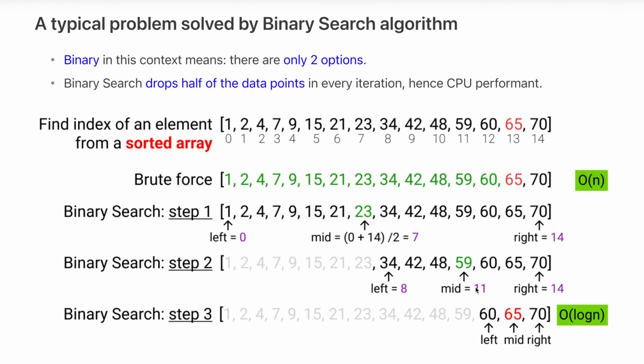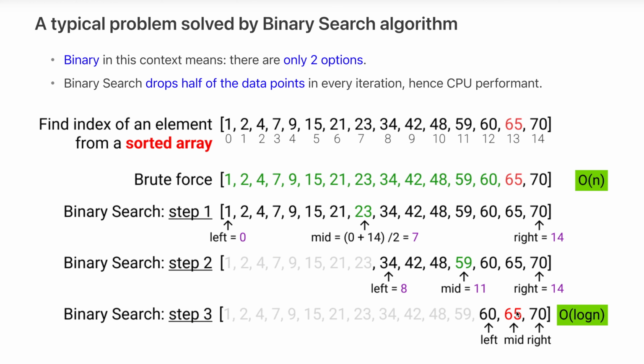And then we're gonna recalculate the middle index, which is the average of the new leftmost and rightmost, and that's gonna be 11. And the element at 11 is 59. 59 is still smaller than 65, the number we're looking for. So we're gonna drop everything on the left of 59 and only consider the numbers on the right of 59. And that's gonna give us 60, 65, and 70.